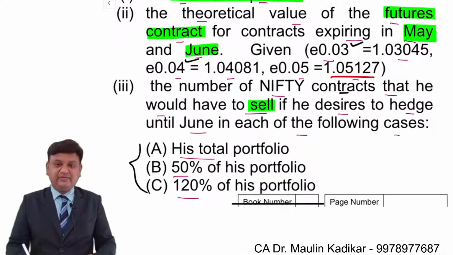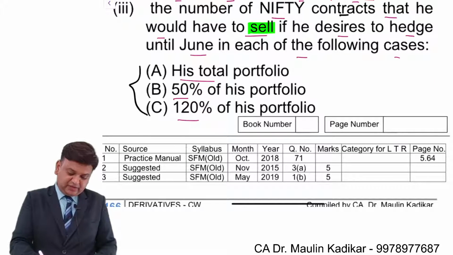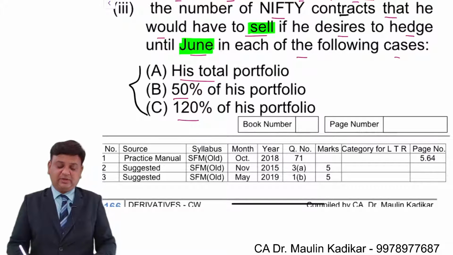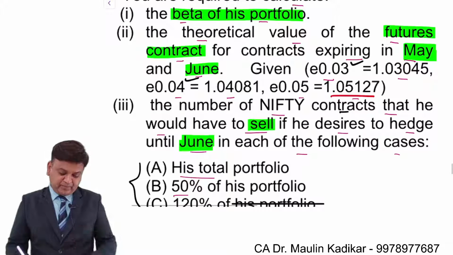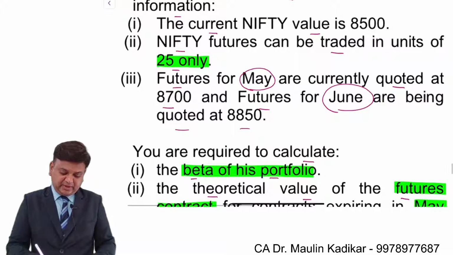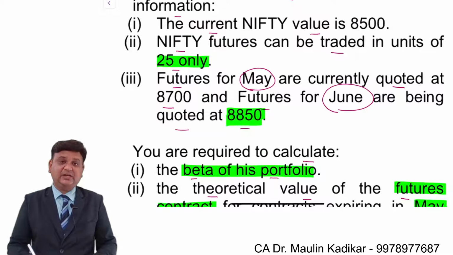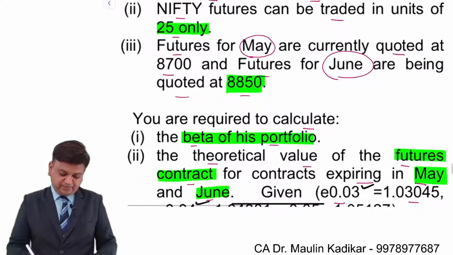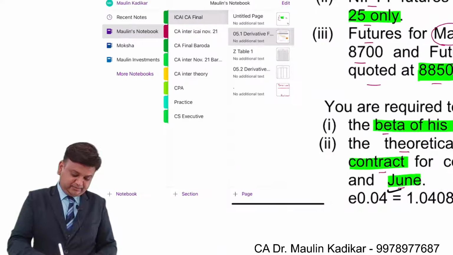Now this is the point where there is likely to make a mistake, so be careful. It has been provided that you have to do it till the month of June. Fine. For the month of June, you have been provided with the futures index value as 8850 and the lot size is 25.